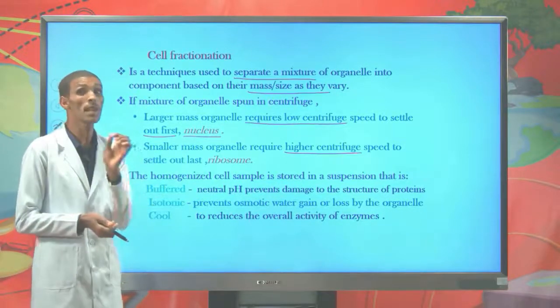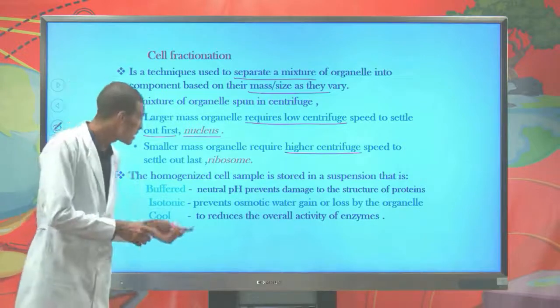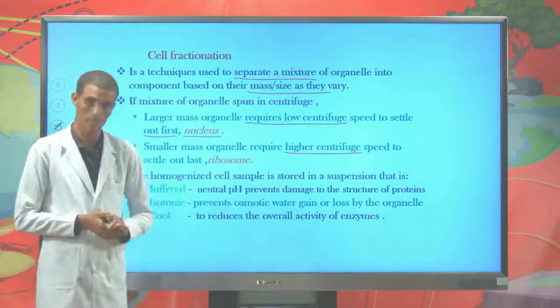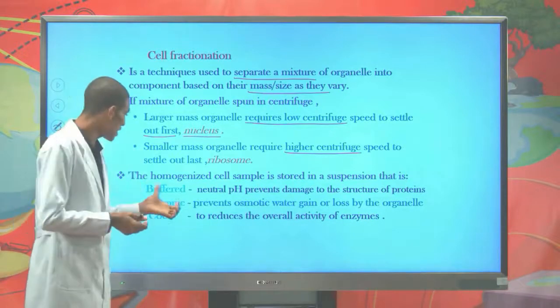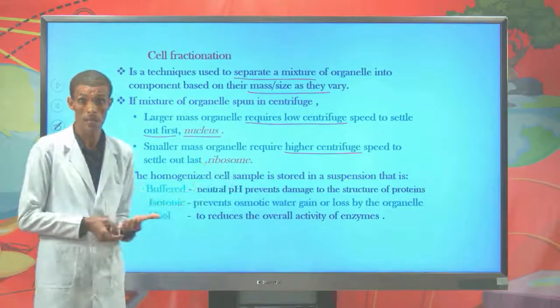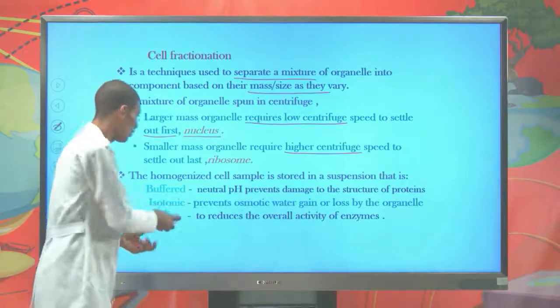Additionally, it must be isotonic, preventing osmotic water gain or loss to the cell. If there is osmotic water gain or loss, it may cause problems. It must be maintained as isotonic too.